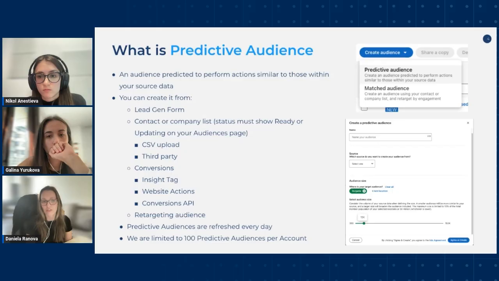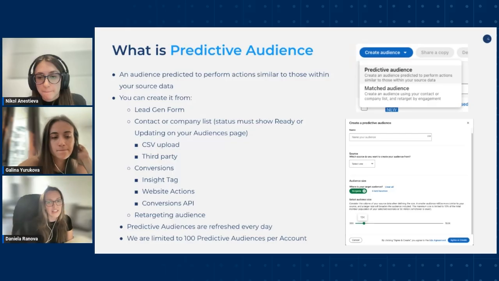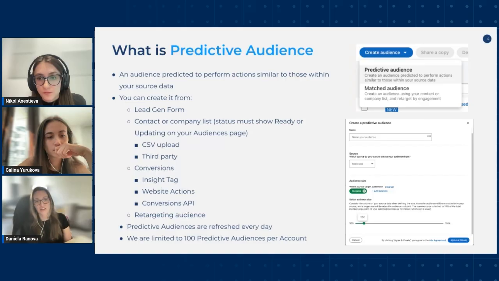We can use even third-party lists. We can also use conversions, which are based on the insight tag with LinkedIn, or they could be from the conversion API, or also they could be from website actions, such as, for example, certain visits or anything like that. And furthermore, they can also be based on retargeting audiences. That could be from anything.